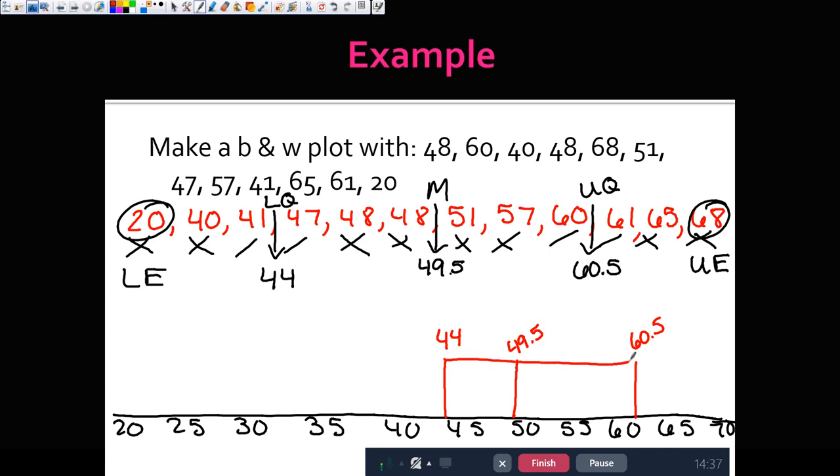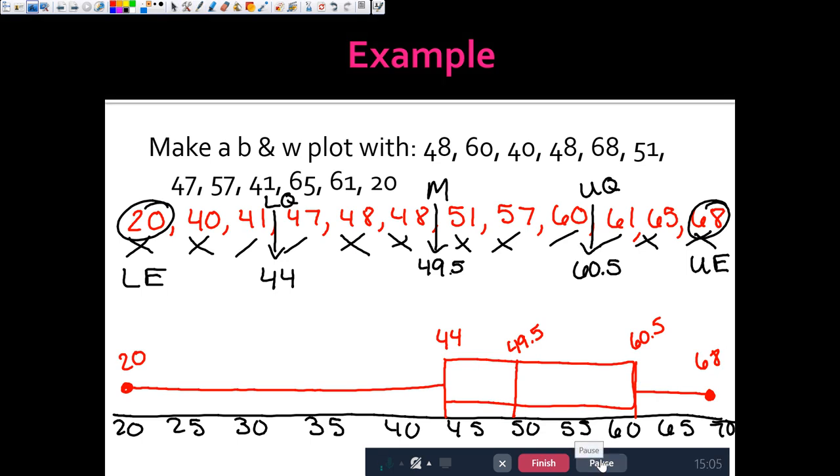Draw a box. Our lower extreme is 20, so I'm going to place a dot there, draw a line, and label it 20. At 68, near 70, we're going to put a dot, label it 68, and draw a line to the box.